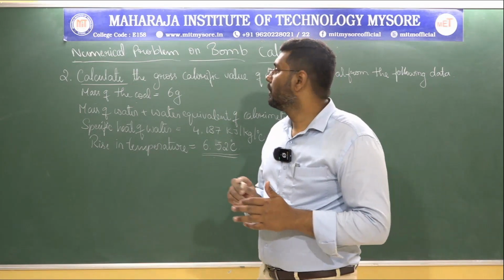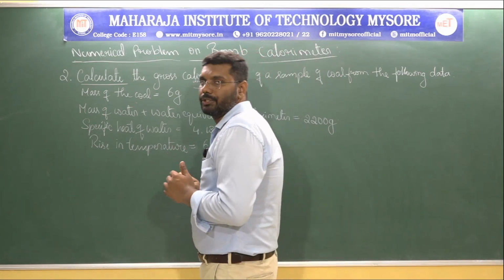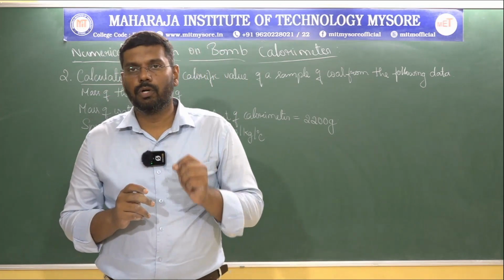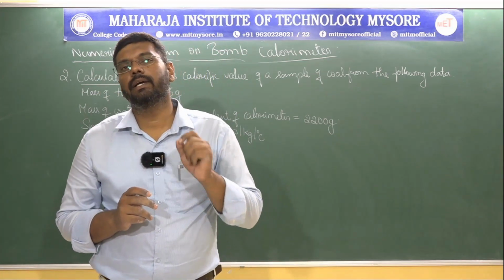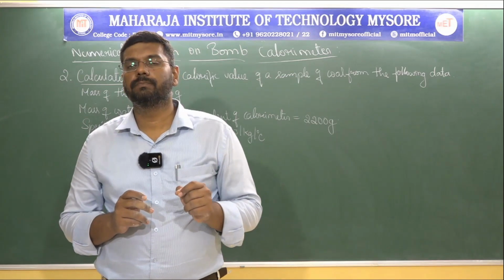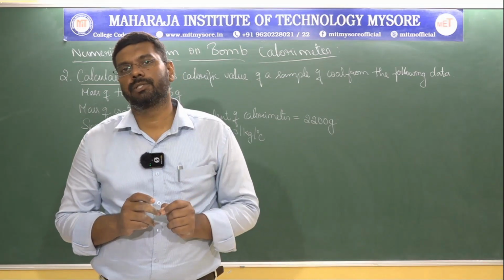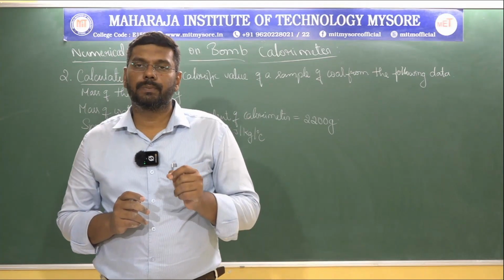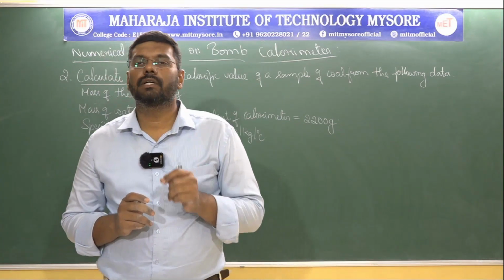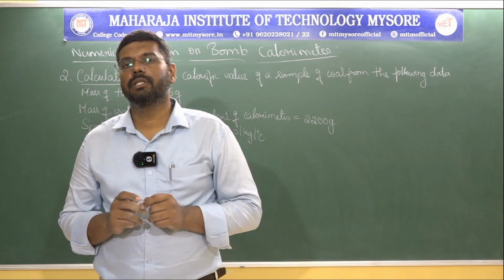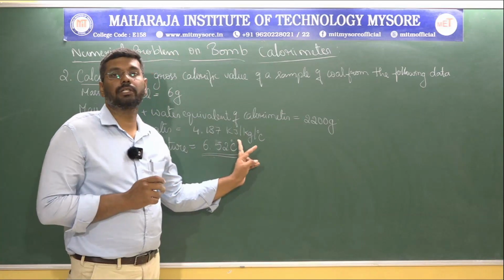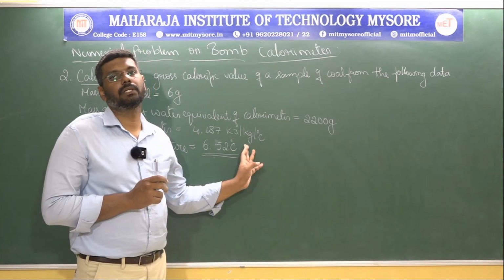Before going to the calculation part, as I told, in the numerical problem if you want to calculate GCV and NCV, the very important thing you should know is about the units, because we are expressing the GCV and NCV in terms of kilojoules per kg, since he has given the specific heat of water in kilojoules per kg per degree centigrade.